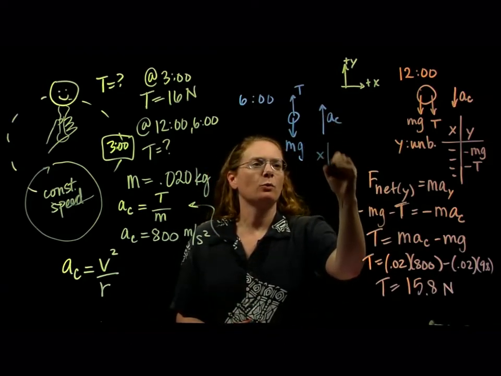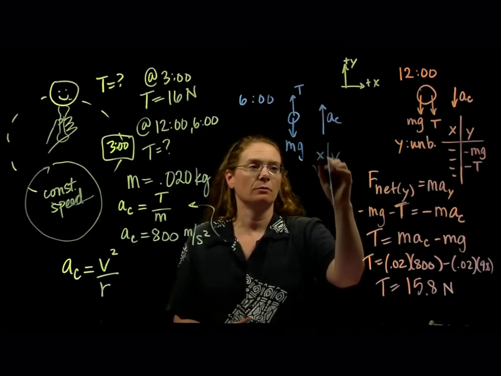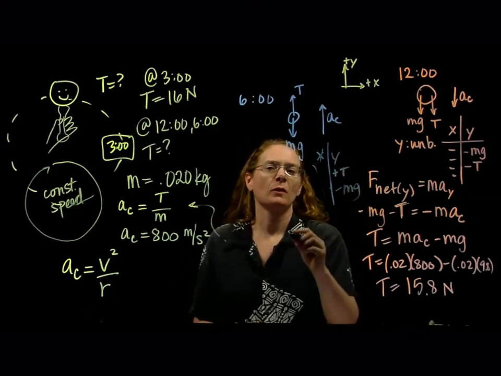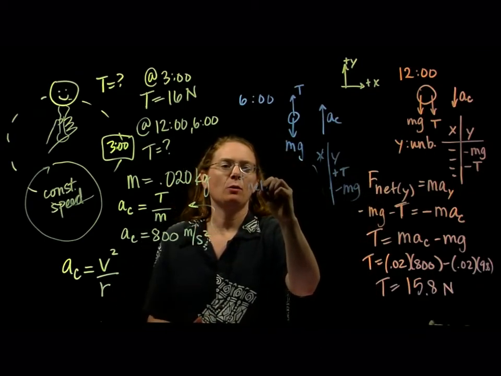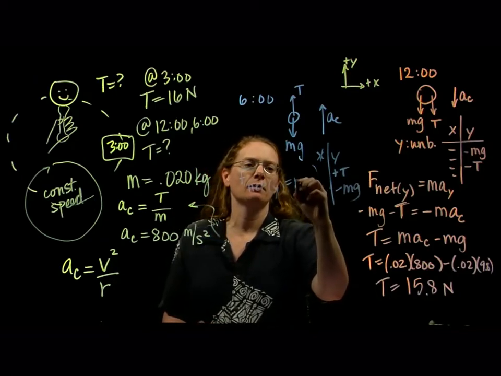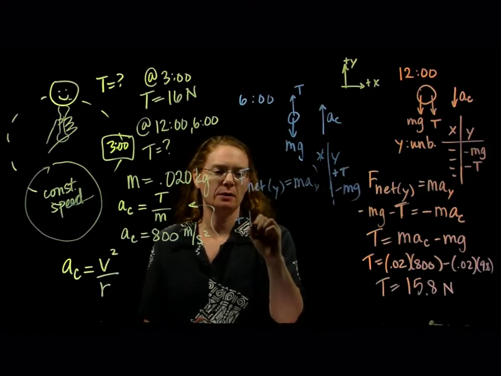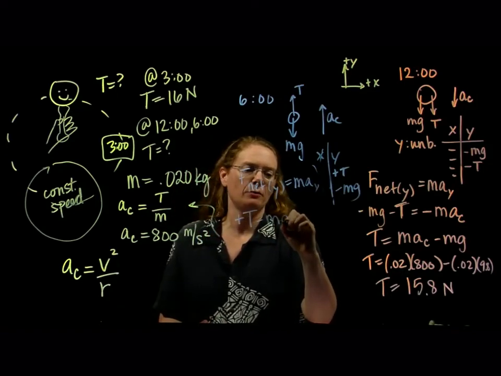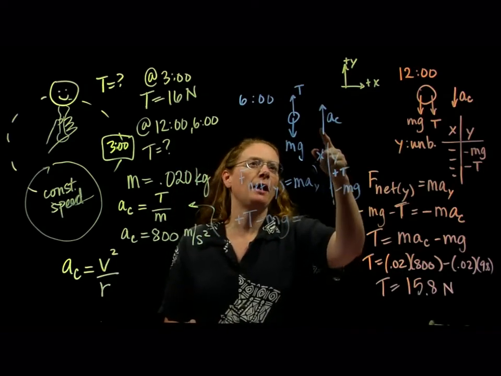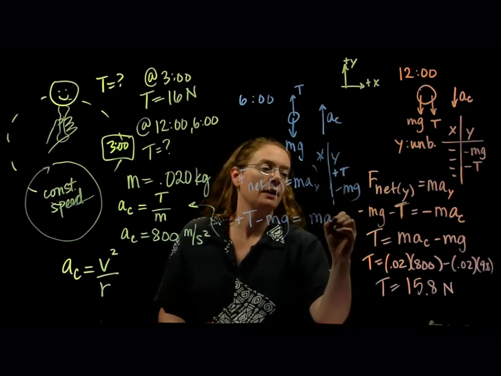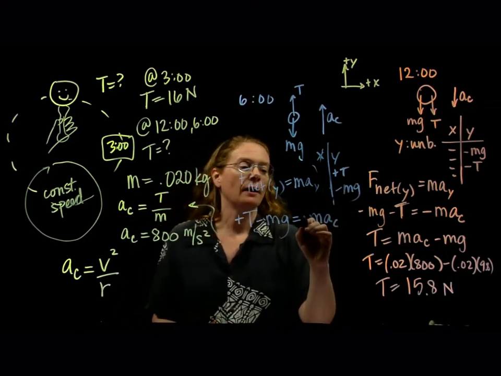If you do our little XY chart, again, there's nothing in the X. And we have a positive T, a negative mg. So the net force in the Y direction, unbalanced, equals m a_y. Add up all the forces: plus T minus mg equals ma. So my acceleration vertically is my centripetal acceleration, and it is positive.